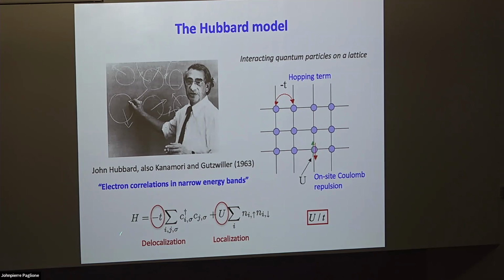One is telling the electrons to delocalize, the other is telling them to localize. This conflicting instruction gives rise to all the interesting physics one can find in the Hubbard model. And since you have two terms, you can drop one of them, and the physics is really governed by the ratio U over t in the system.